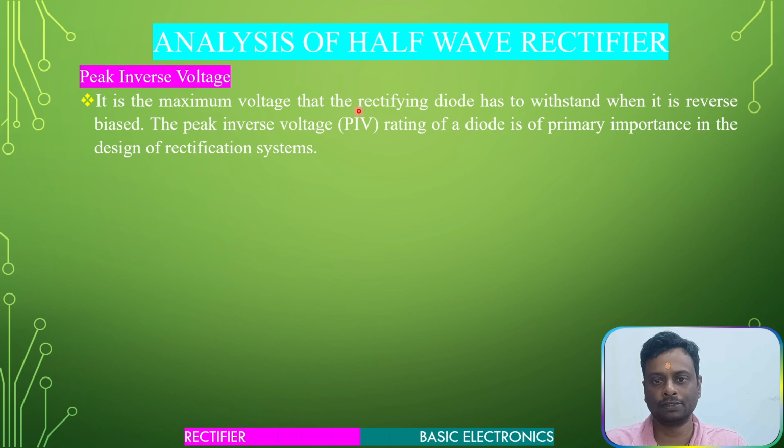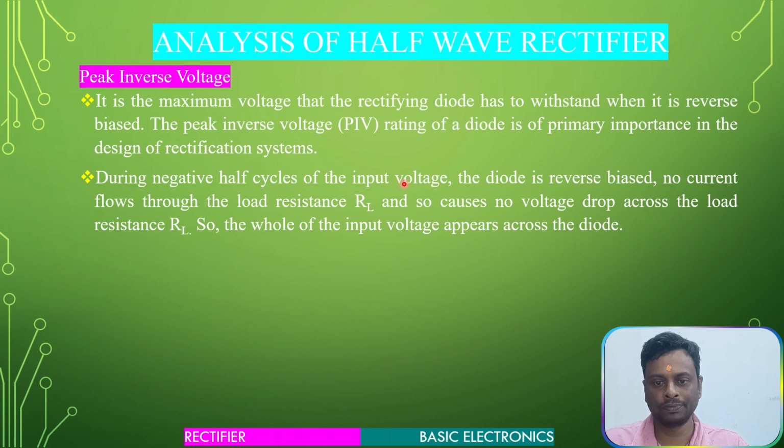During the negative half cycle of the input voltage, the diode is reverse biased in a half-wave rectifier, and no current flows through the load resistance. So we have no voltage drop, and the whole input voltage appears across the diode.